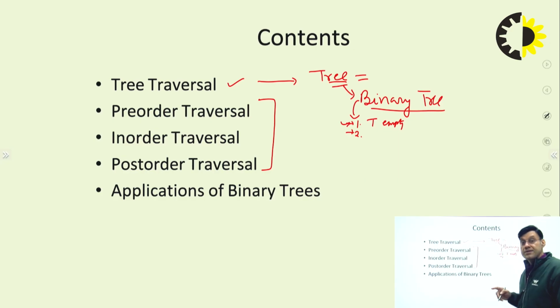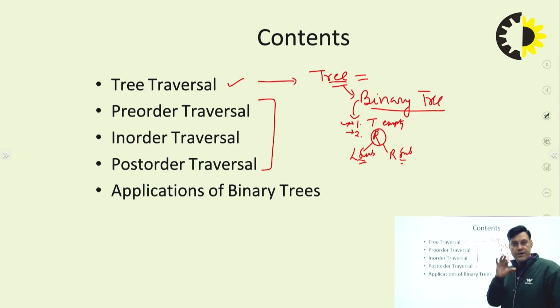If it is not empty, then there exists a root node, and with respect to that root node, we have a left subtree and a right subtree. Some elements, some keys, some nodes, we use the term node to refer to that particular element where we keep it. There is a left subtree and a right subtree, right, students? So this is the definition of a binary tree.